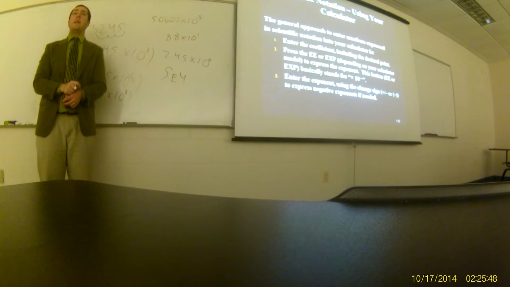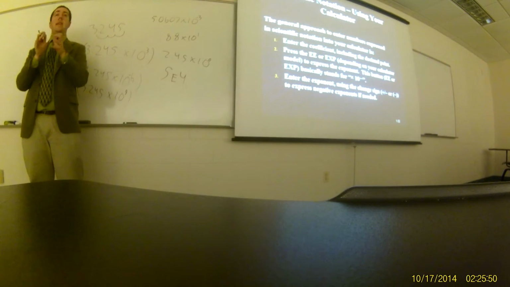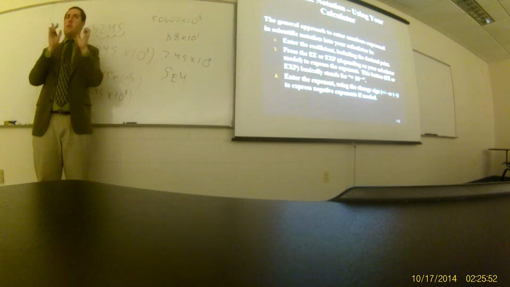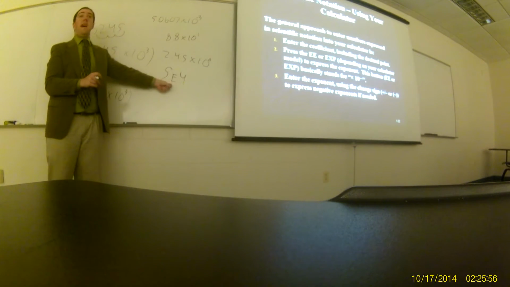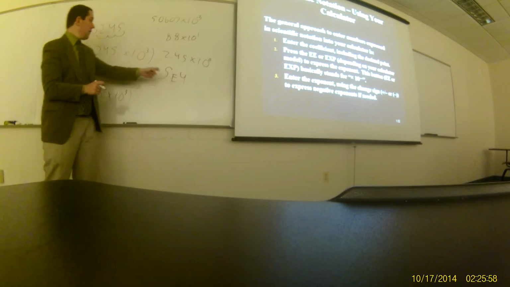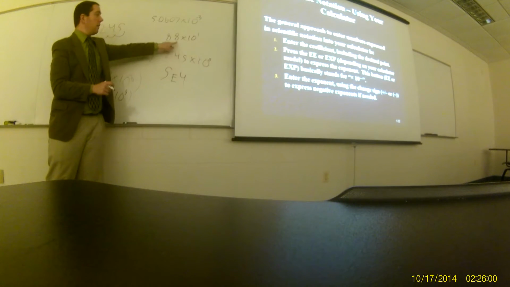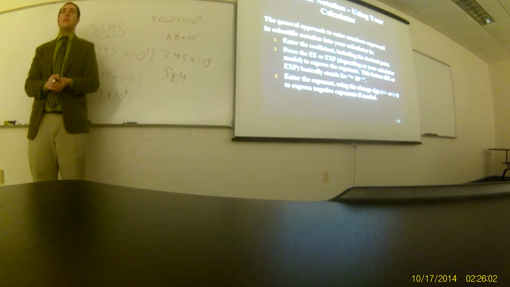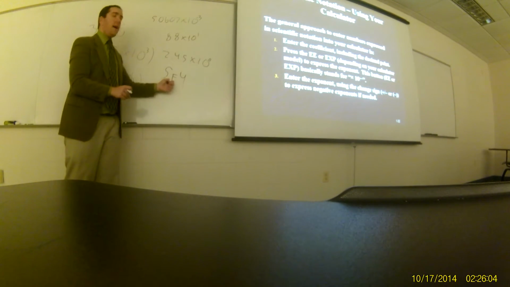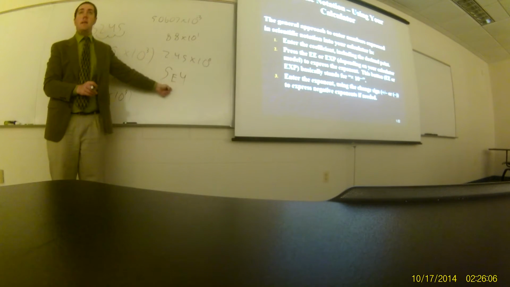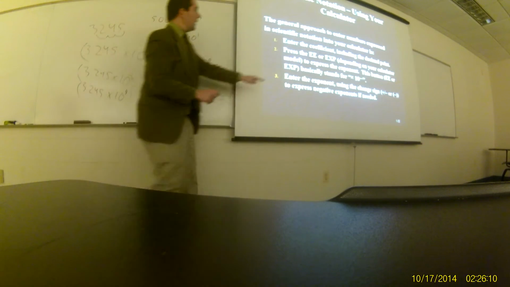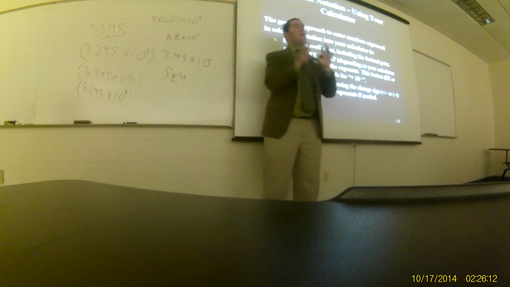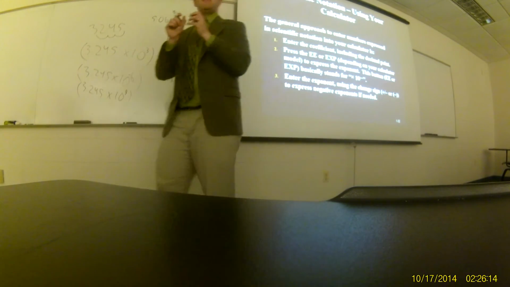Most likely, if you get a number that is really big or really small, the calculator is going to give you an answer that looks like that, not something that looks like that or that. And so you need to know what that means. If you do this, make sure you use the EE, the EXP, or whatever your calculator uses in place of those.